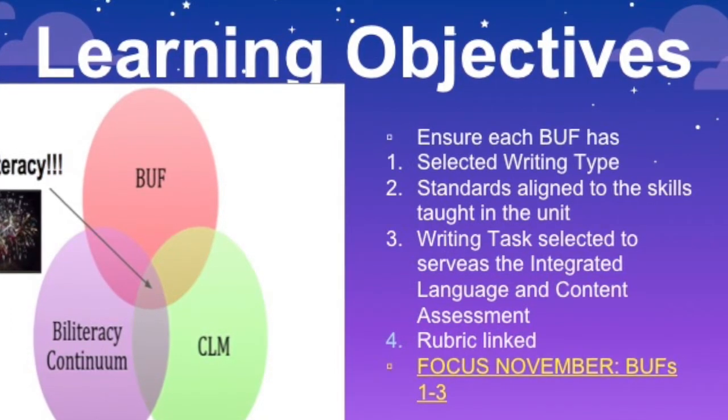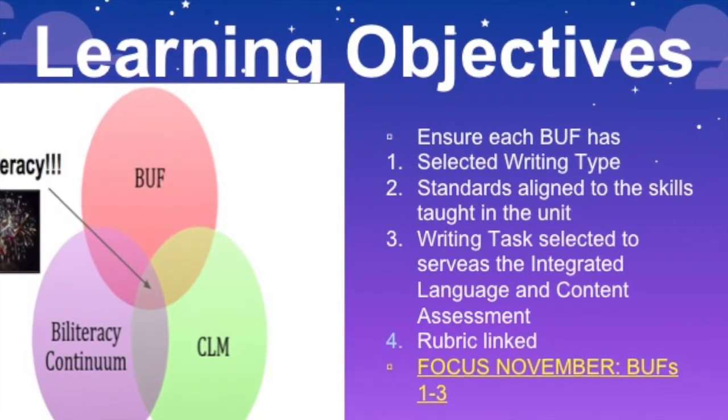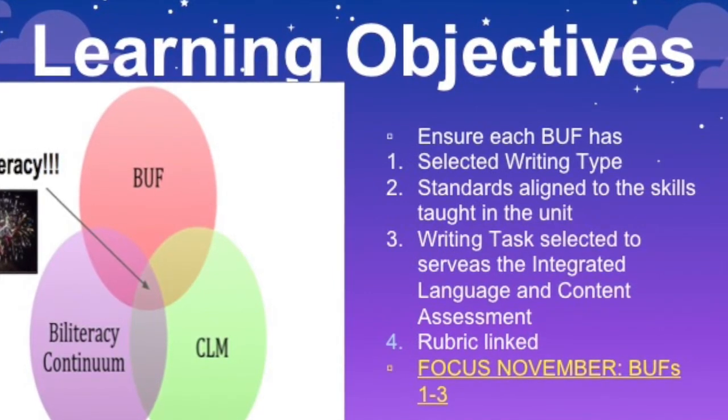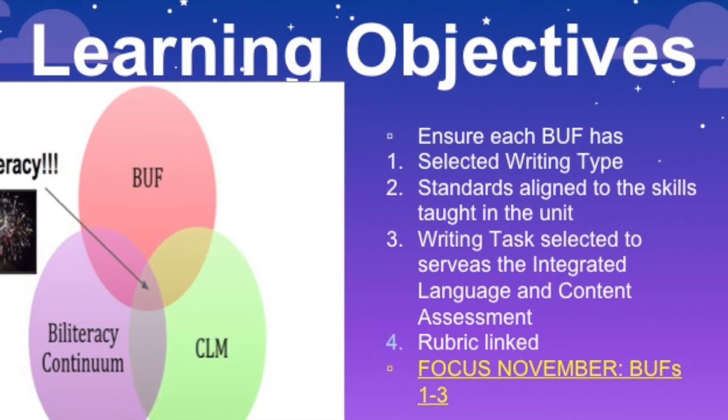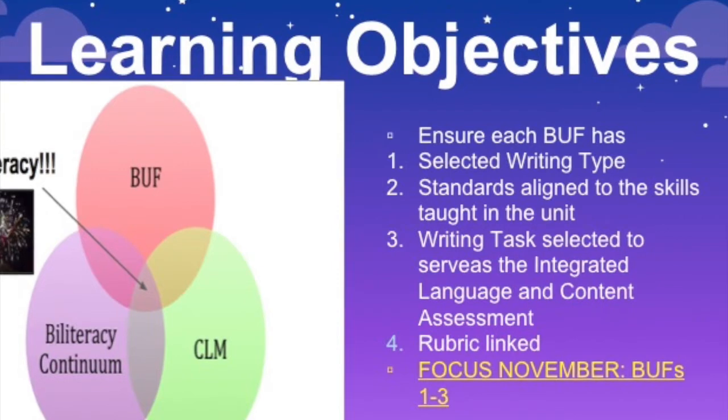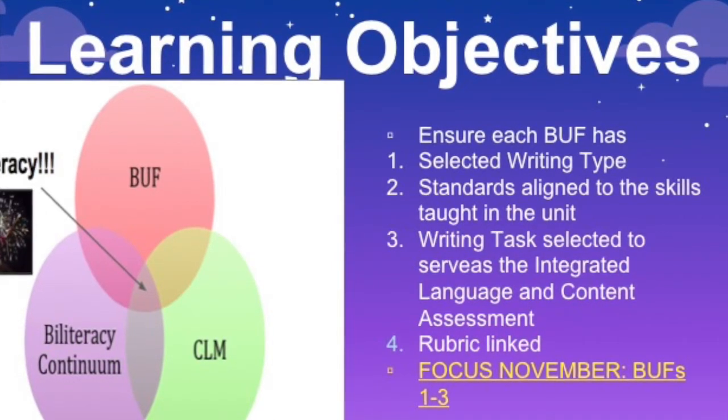We are going to align Common Core state standards to the skills that are going to be taught in the unit. We are going to select a writing task that serves as the integrated performance assessment of language and content, and we are going to be creating a rubric for those tasks.